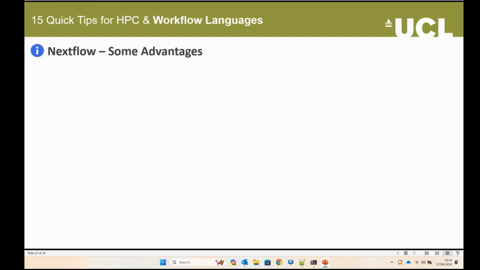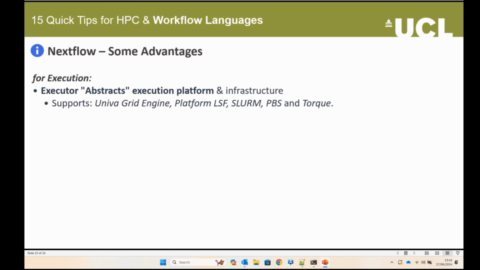So some advantages of Nextflow are for execution. As I mentioned, there's an executor that runs your pipeline. It runs it either on a local machine or on the infrastructure you provide, which may be cloud or HPC. And it abstracts away the execution platform, so you don't really need to write your code specifically for that platform or infrastructure.